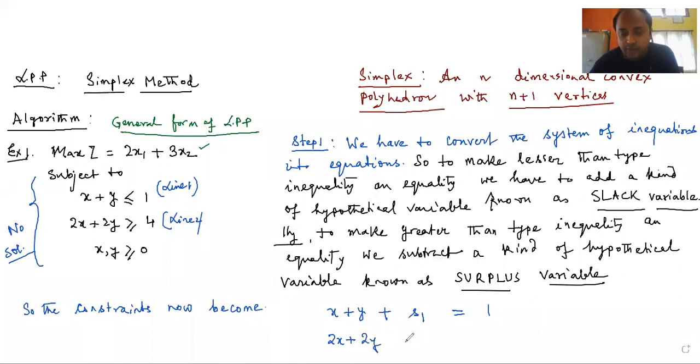I'm subtracting because it was the greater than type inequality. So I'm naming it as S2, which is equal to 4. Okay. So we have got two equations out of two inequations.